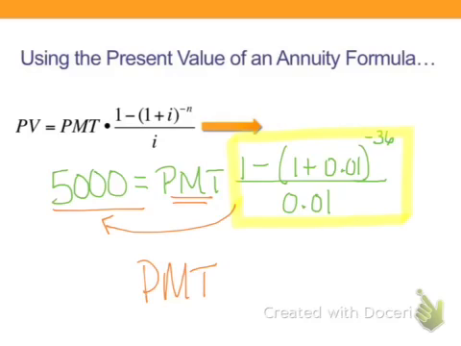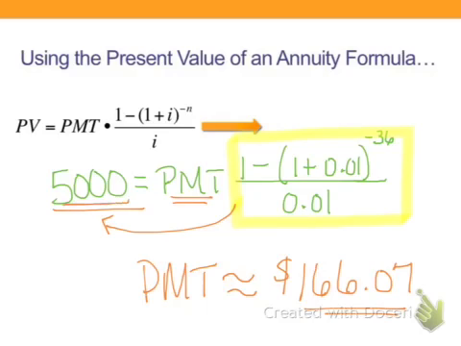But when you do that on a calculator, you should end up with an answer of approximately $166.07. So that's what your payment would be over the 36 months to retire both the $5,000 debt and whatever interest that debt is going to earn over that 3-year period.